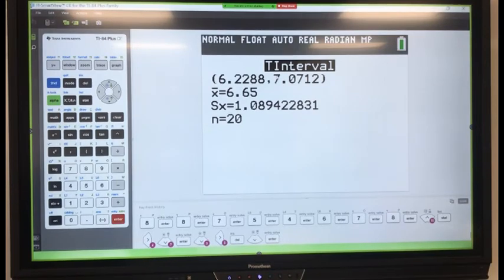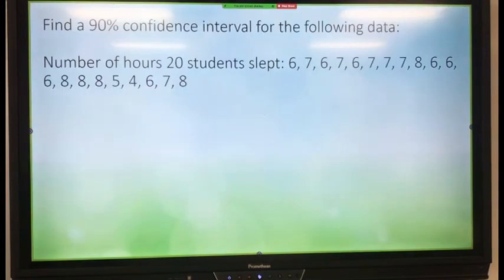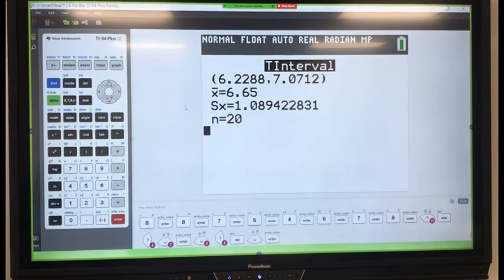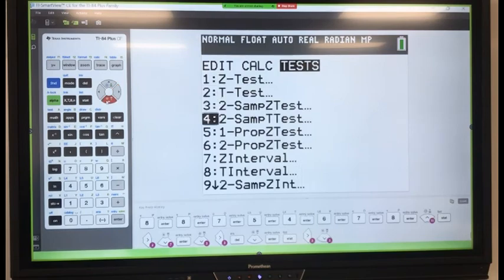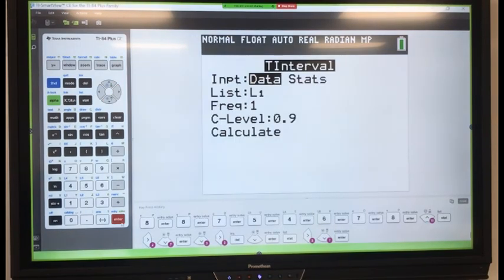You could have somebody like Jocelyn who just sleeps all the time, like 12, right? She'll be outside, in the other 10%. So yes, 2 ways to find a confidence interval. Either you have the stats already, or let the calculator calculate all the stats for you by putting in the data.